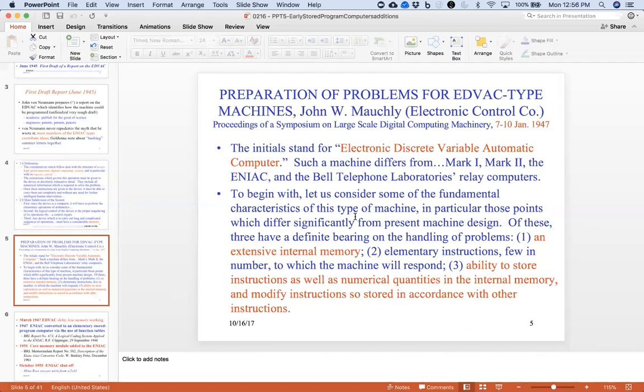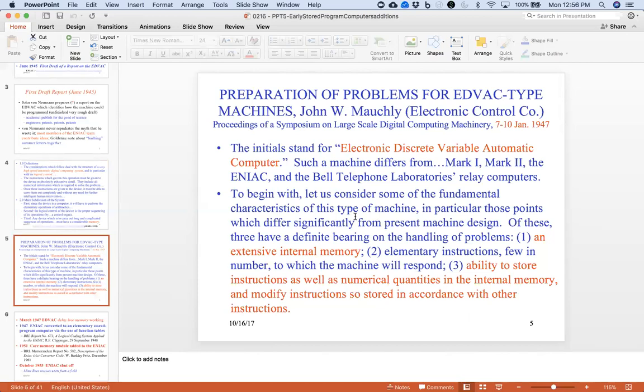We have the ability to compare two numbers for greater than, equal, less than. That's more of interest probably to computer science students in the room, but it's definitely a salient point of computers. I'm actually a little surprised Bergen didn't put that in red because it's of equal importance with the other two points here. And then the ability to store instructions as well as quantities in memory. What does that mean?